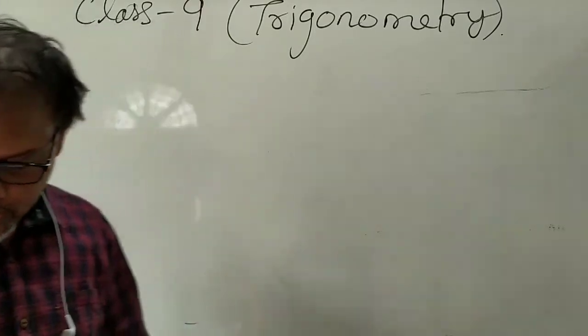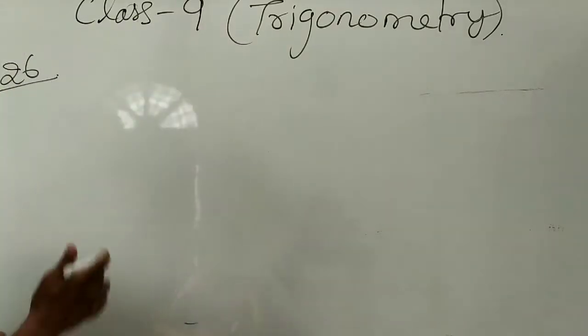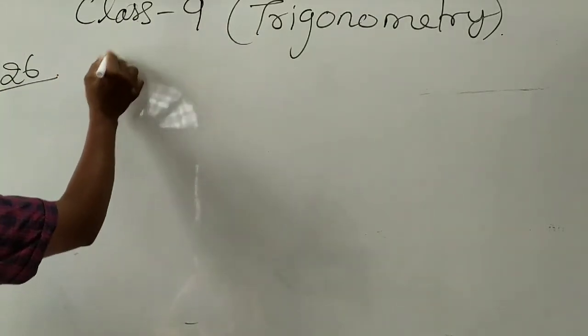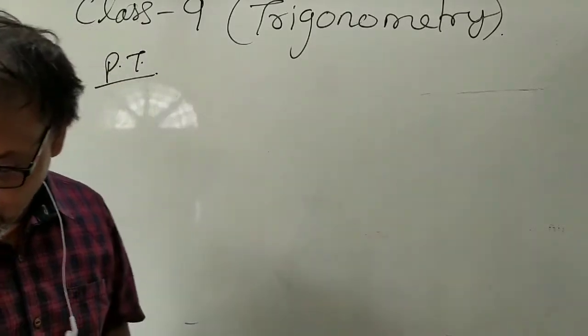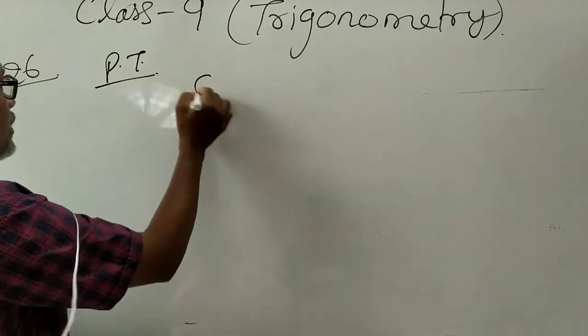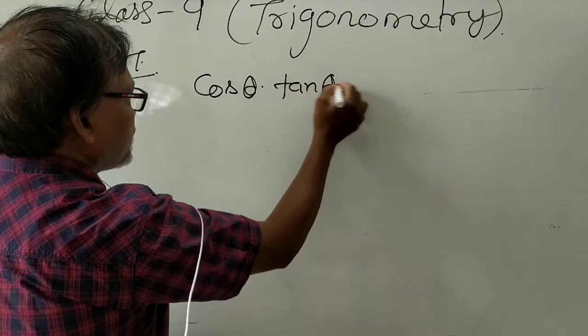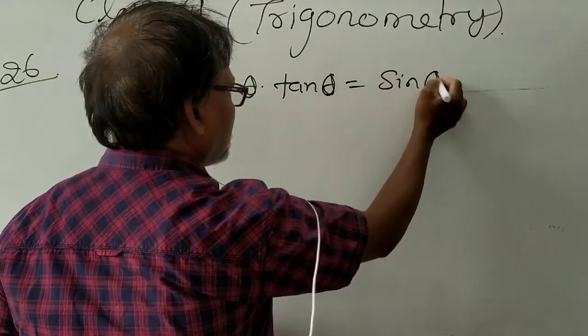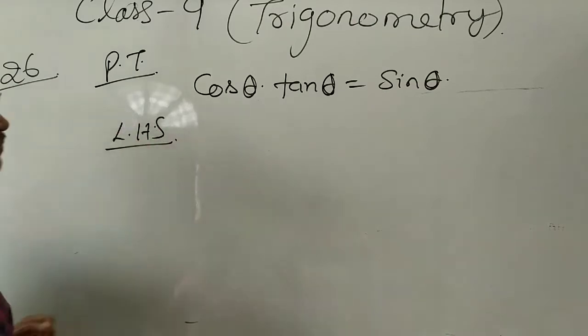Question number 26. Here it is given: prove the following. How to prove any trigonometrical identity, like cos theta into tan theta? Prove that cos theta into tan theta is equal to sin theta. So you will take the left hand side.